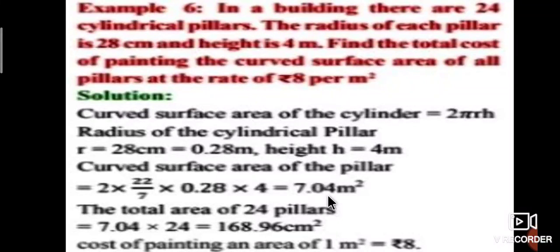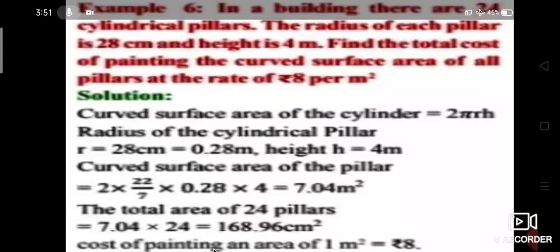Therefore, the total area of 24 pillars is equal to 7.04 into 24, that is equal to 168.96 meter square.